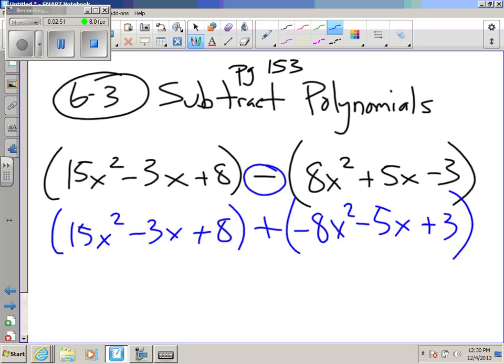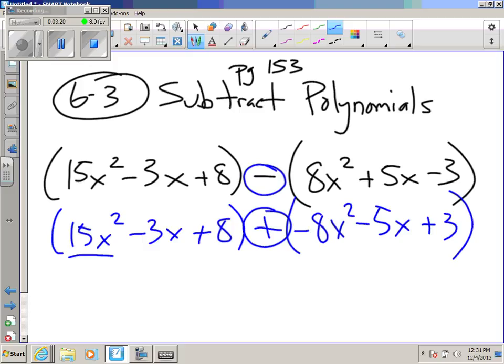So now what you see in front of you is exactly the same as any of the ones you could have seen for today. All we're going to do is combine the like terms from this set of parentheses with the like terms from this set of parentheses. And the addition now allows me to do that. You can do it as is, you can keep it, but it's much easier to do it this way.